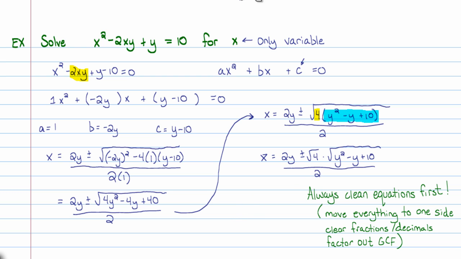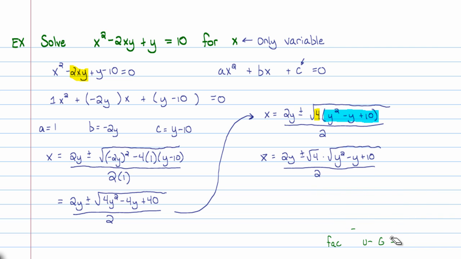In fact, since I've already made a mess here, I'm just going to continue with this. Let me erase all this. So this is equal to 2y plus or minus 2 times the square root of y squared minus y plus 10, all divided by 2.